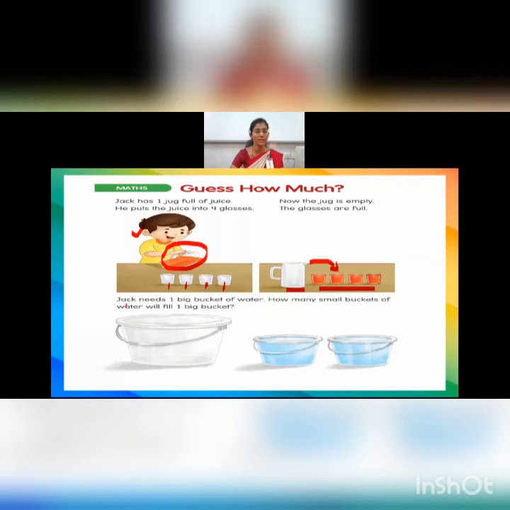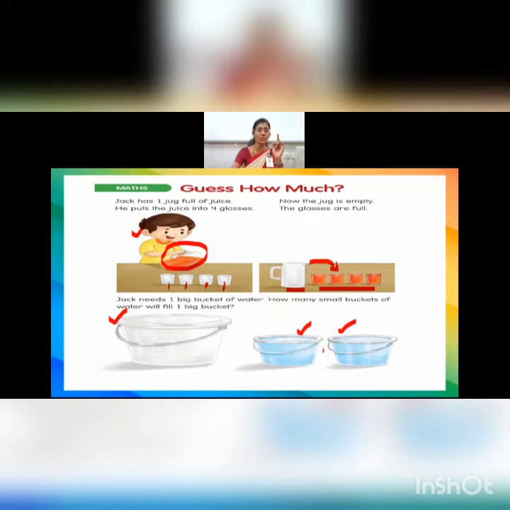Now, moving on to the next one, let me read it. Jack needs one big bucket of water. How many small buckets of water will fill one big bucket? Now look at the picture, children. Here we have one big bucket, and here we have 2 small buckets of water.